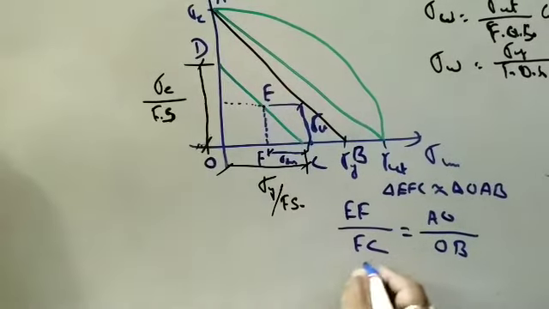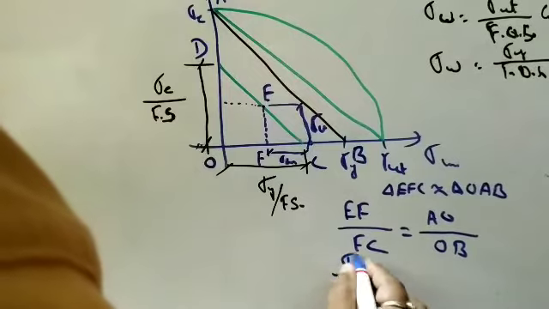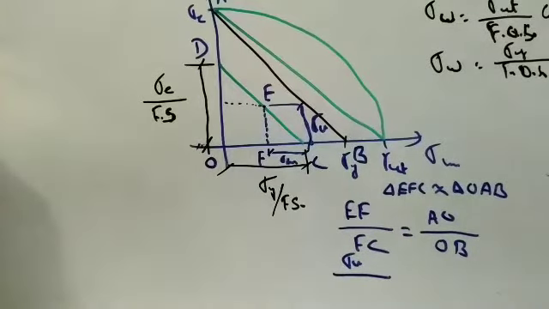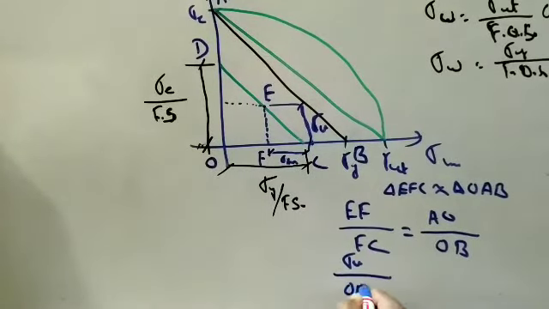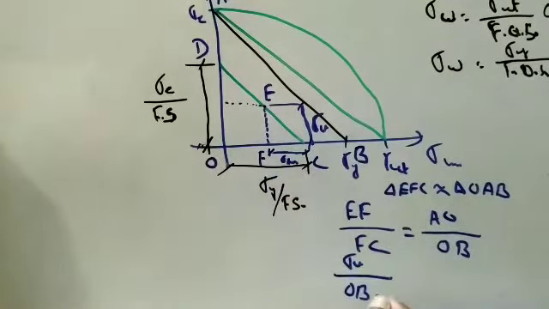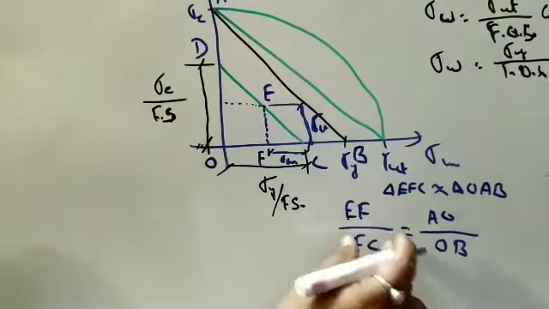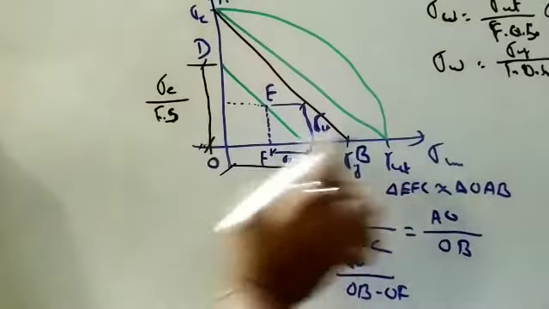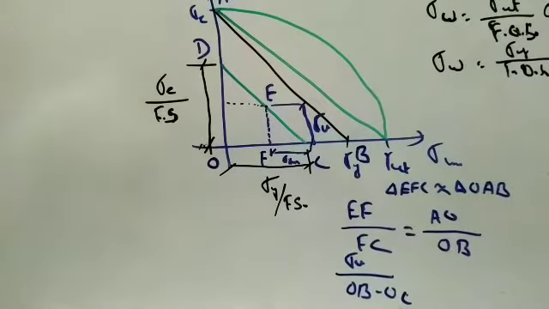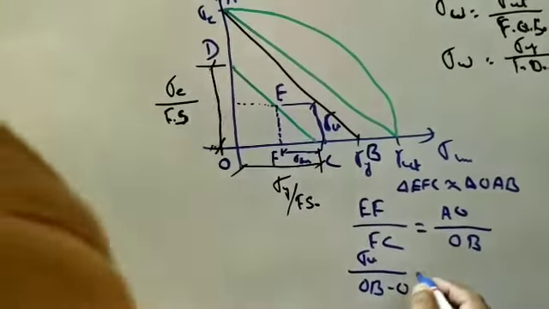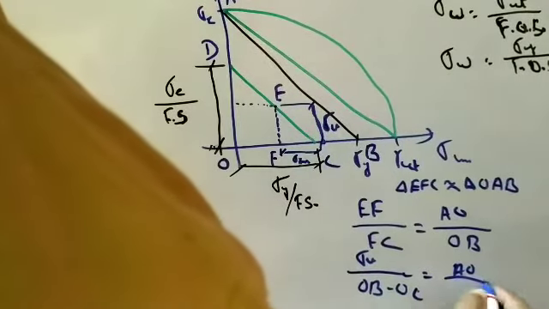FE is basically sigma V. And FC we could write as OB minus OF, so in place of FC we could write OB minus OC. So we could write OB minus OC, and this is AO by OB.